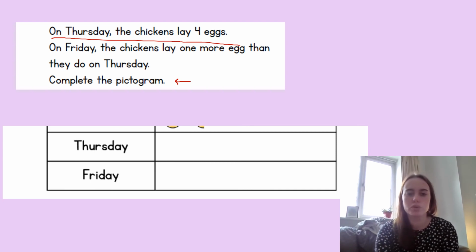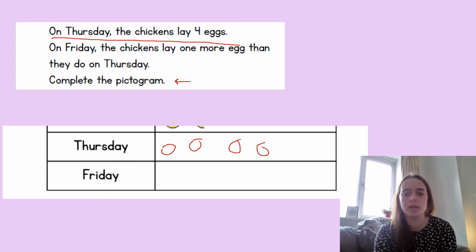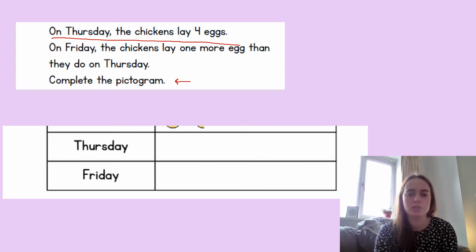But if I was to draw out 1, 2, 3, 4 eggs, that would be 2, 4, 6, 8 that I'd actually shown, not 4. So I need to make sure that I only draw 2 eggs. So that's 2, 4. I have shown that 4 eggs were laid because each of those eggs shows 2.